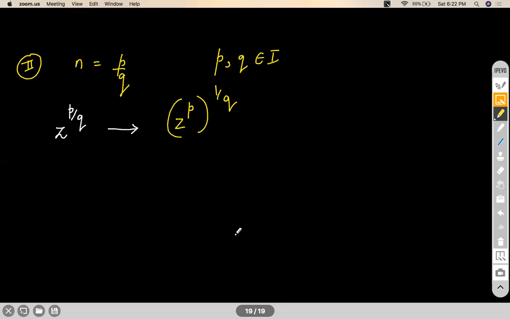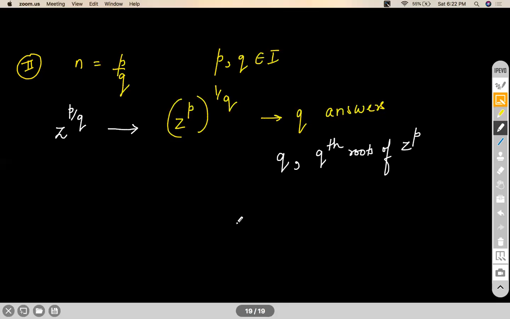Now, does it ring a bell? Okay, I'll tell you. So this will give you q answers. Okay, and those q answers are basically called the qth roots of z to the power p.